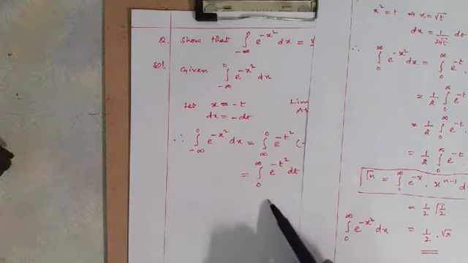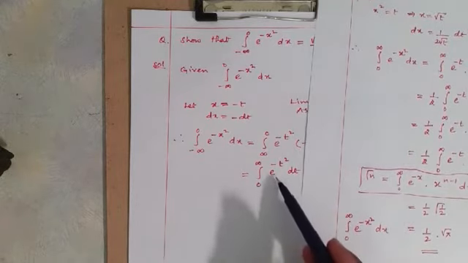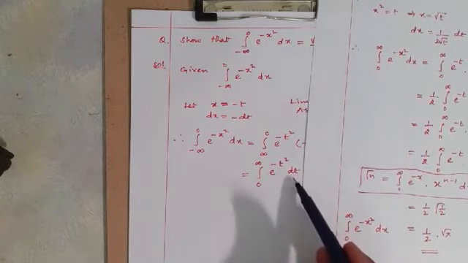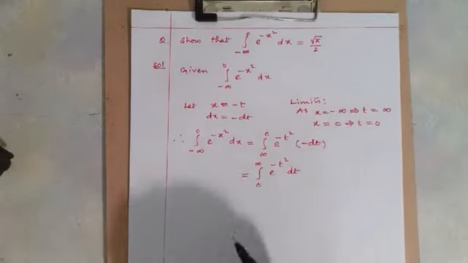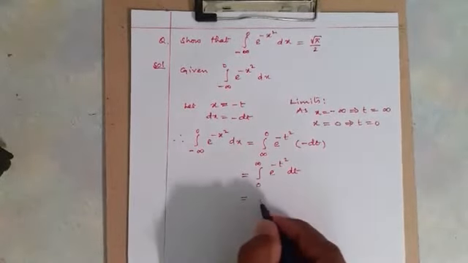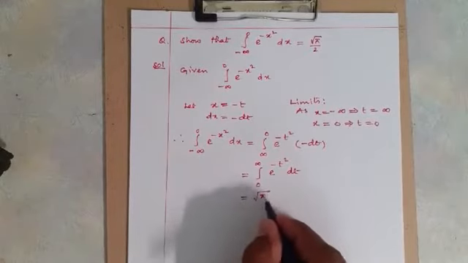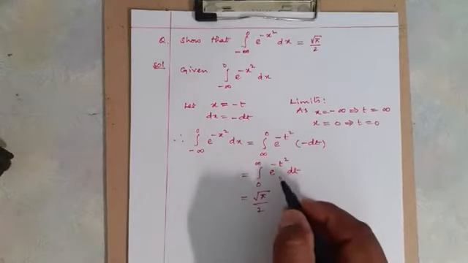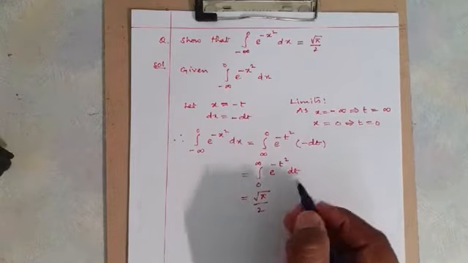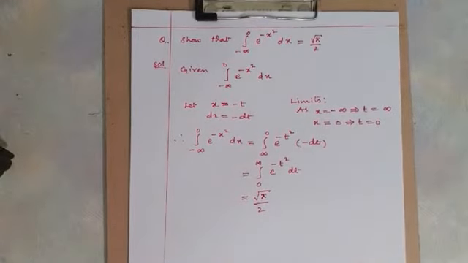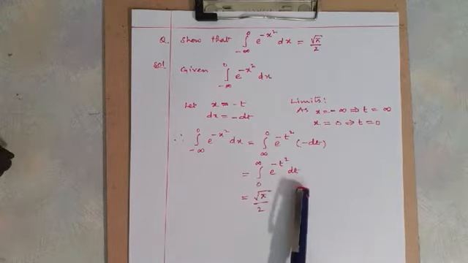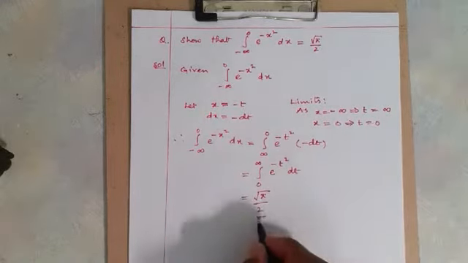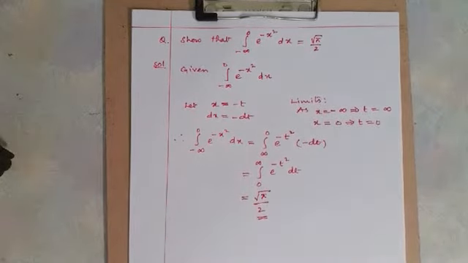Now when you see this integral from 0 to infinity of e power minus t square dt, we can write it directly as root pi by 2. Don't think that here we have t and there we have x. We have a property of definite integral, from that you can change this. It is nothing but the integral from 0 to infinity of e power minus x square dx. This is the answer for the given problem.